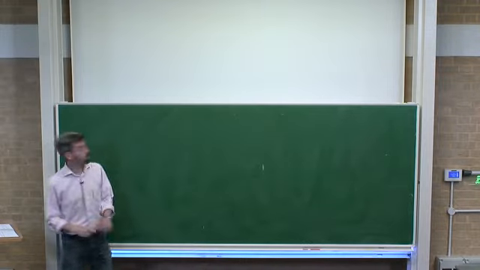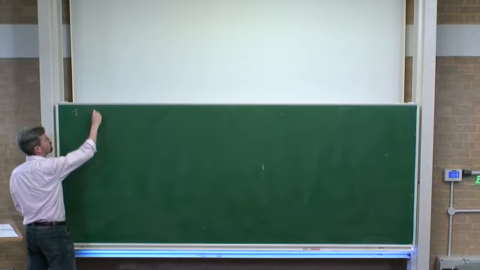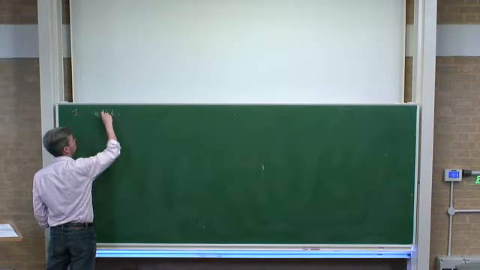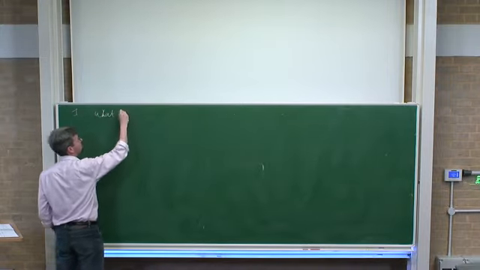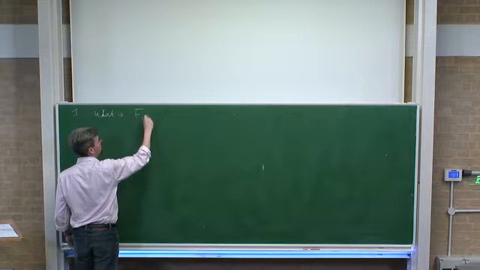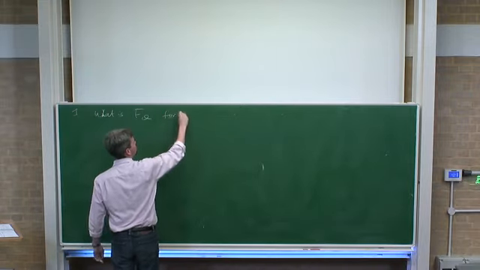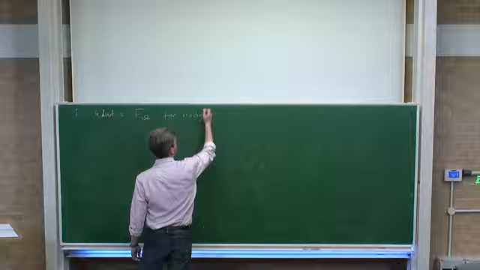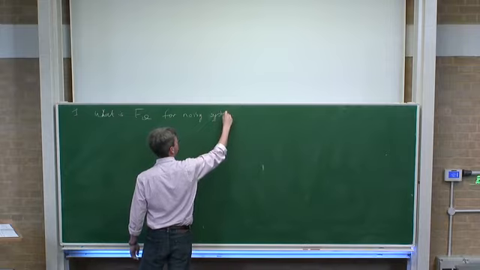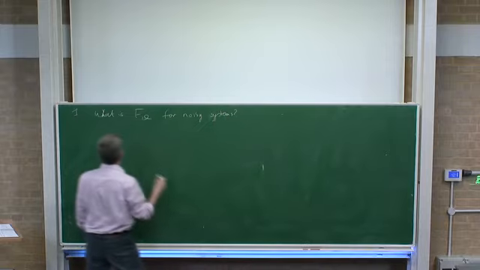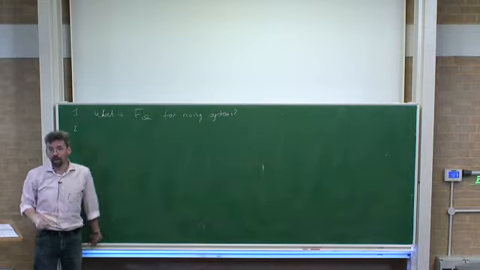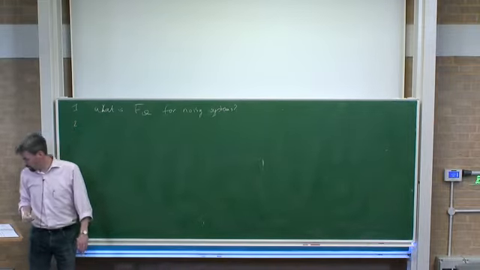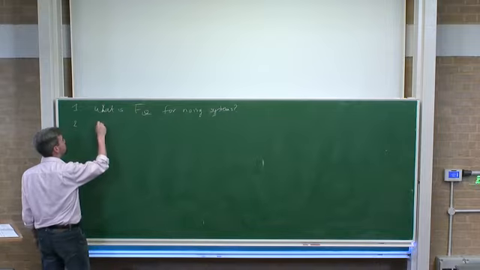Okay, so first of all, what is FQ for noisy systems? And secondly, and this is why I had to go quickly through the resource count, can we use error correction?